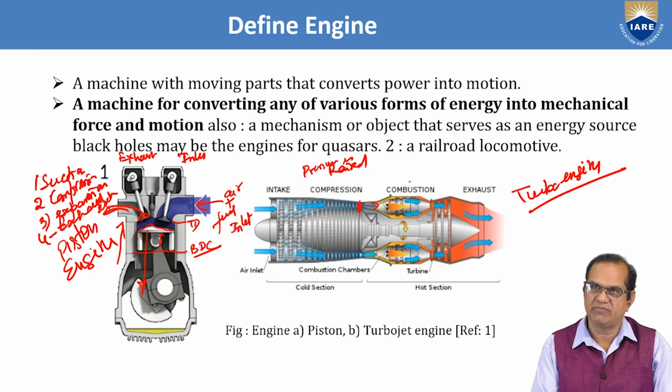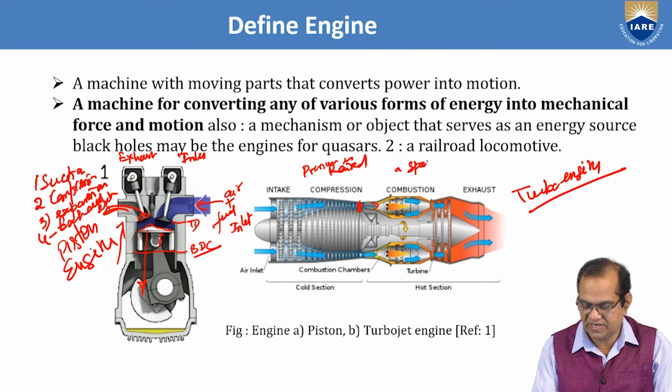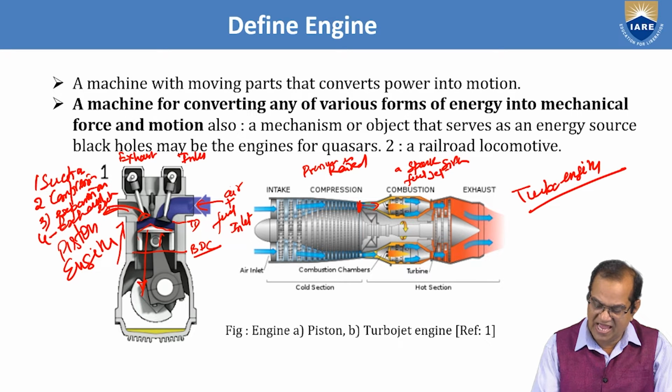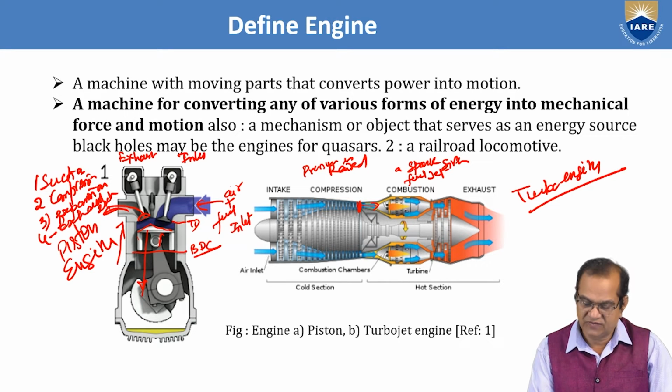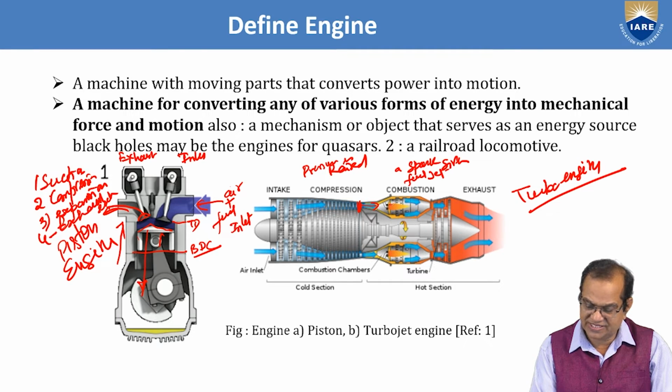In this combustion chamber, a spark will be given, fuel will start burning, and the fuel jet is at high pressure. Burning takes place here, and some air is for cooling, mixing, and going to the turbine.